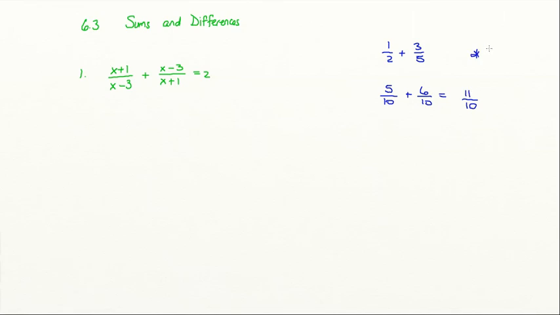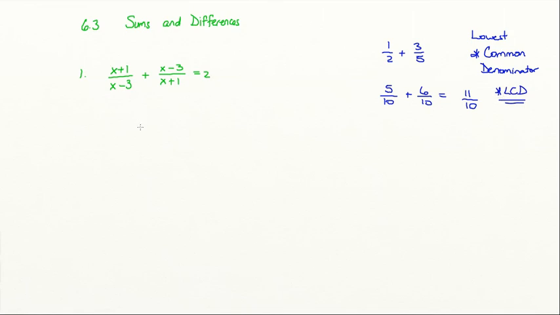So the key here is you have to find a common denominator. And it's even better if you can find the lowest common denominator, because then you don't have to reduce it later. So we'll be looking for your LCD every time we are going to be adding or subtracting fractions, whether or not they have variables in them.